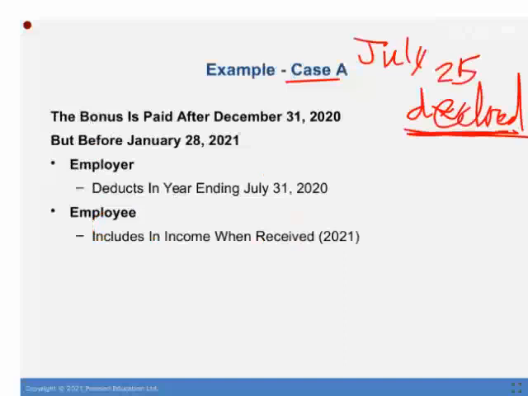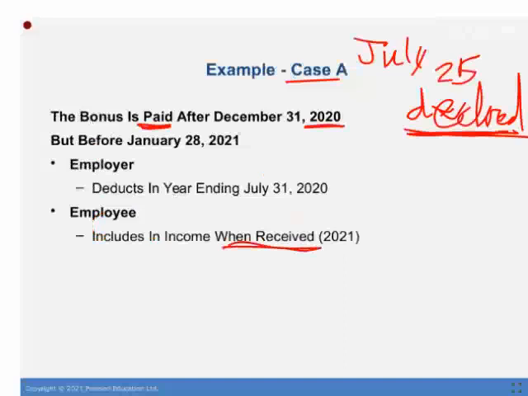But that doesn't mean he got paid the bonus yet. So the question is, when will he get it paid? And how does that work for the business, and for the individual getting paid? If the bonus is paid after December 31st, 2020, because remember, December 31st is what's relevant for the employee, and July 31st is what's relevant for the corp, then the employee is just going to include that in his income when he receives it.